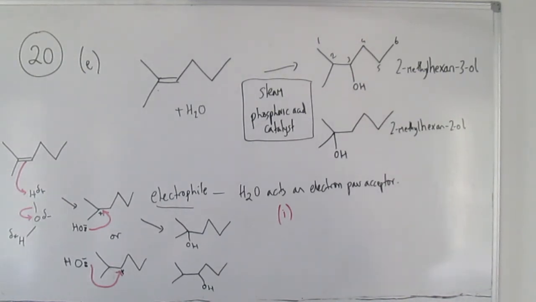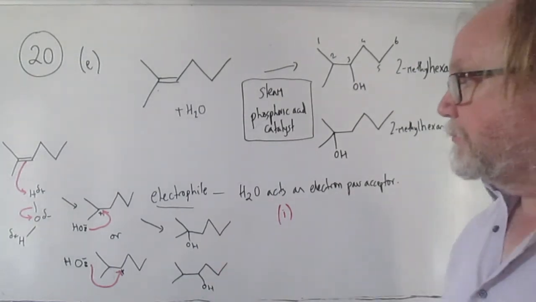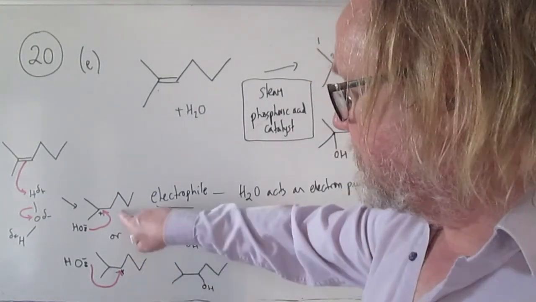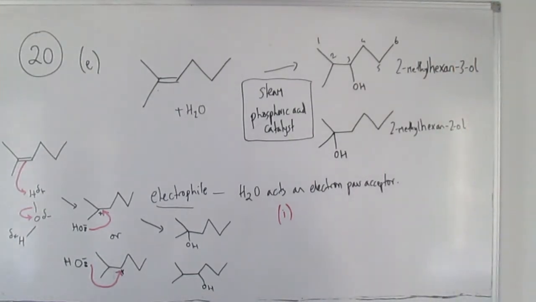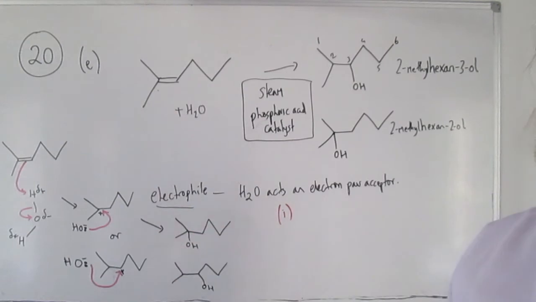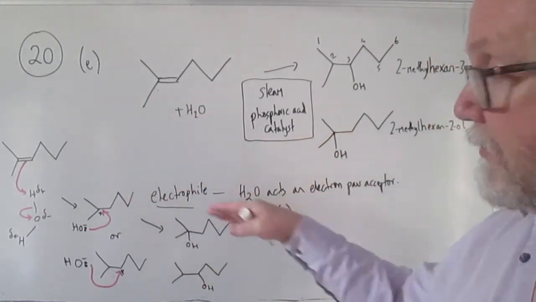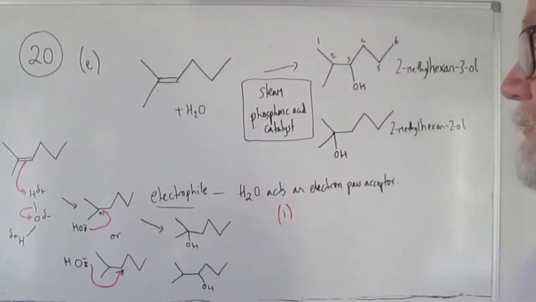And that, remember, is determined not by how stable the products are, but how stable these carbocation intermediates are. Because the more stable the carbocation intermediate, the more easily it will be formed, and so the more of it will be formed, and therefore the more of the product it leads to will be formed.